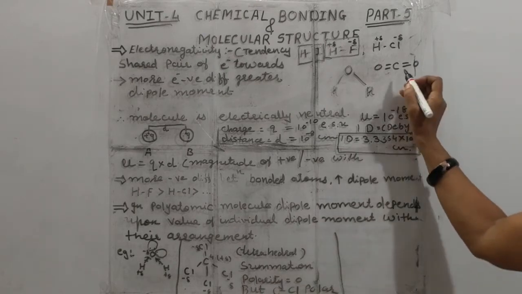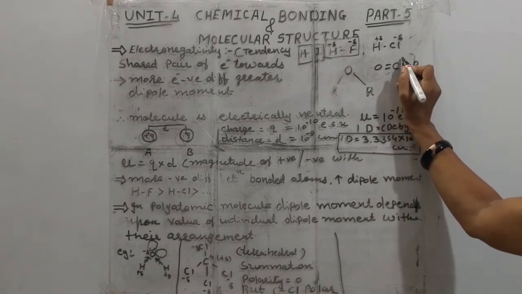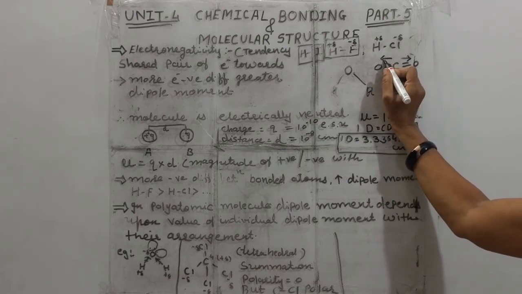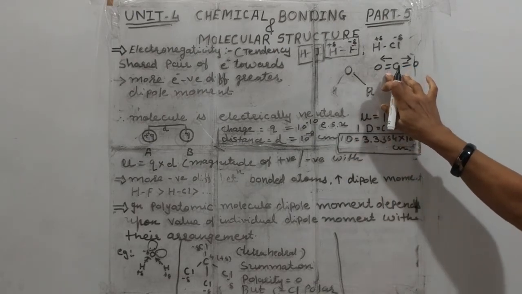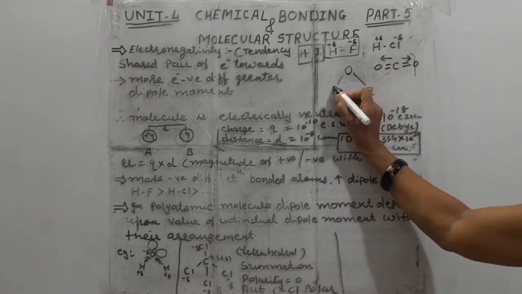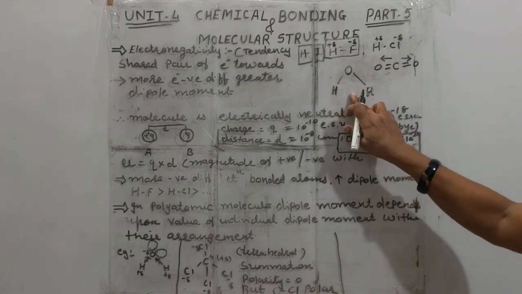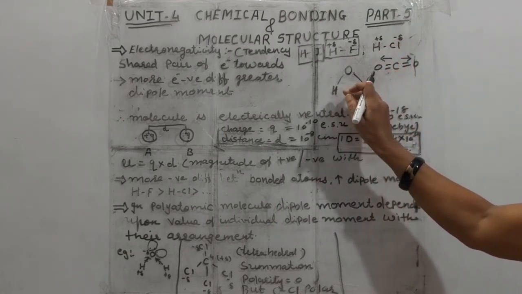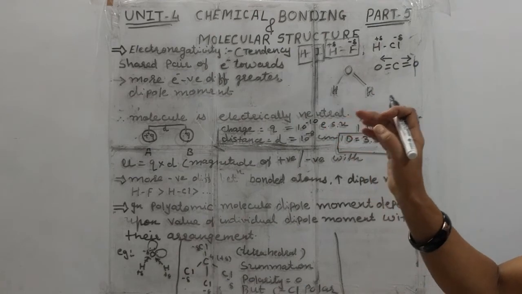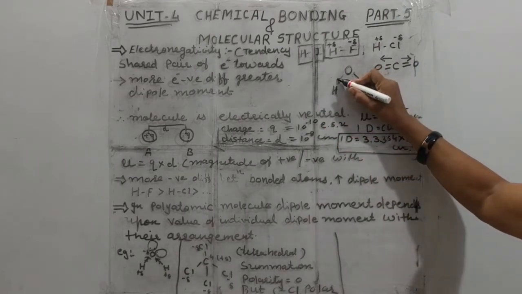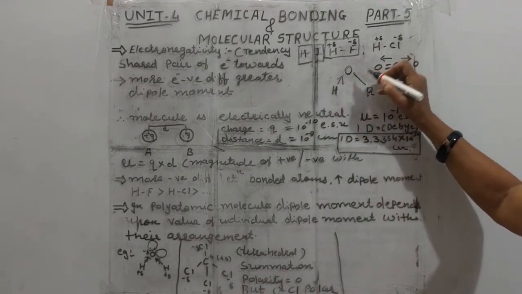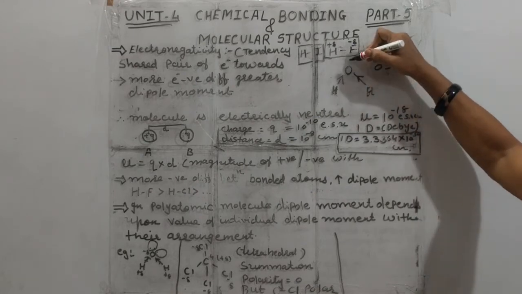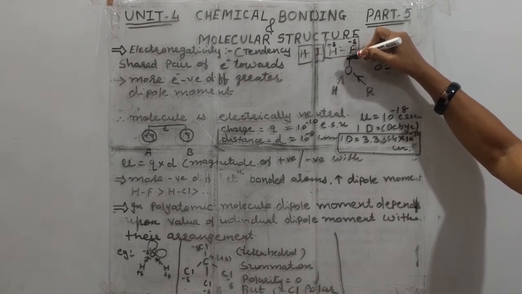Here the carbon is, both ways, the charge will be electrically neutral, and here in H2O the oxygen is more electronegative. So what will the oxygen do, student? This oxygen will try to attract the electron towards itself, and here it is having the lone pair also.